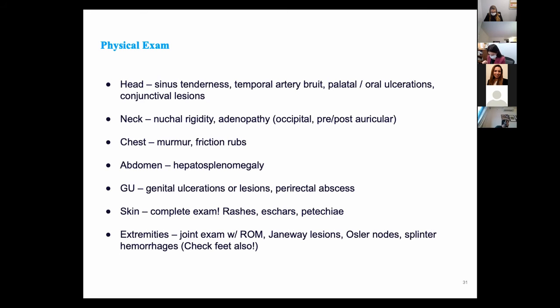Splinter hemorrhages, and always check the feet for all of these too. Splinters are actually pretty common for a variety of reasons, not just endocarditis or bacteremia. But if you are examining the patient repeatedly through the course of their hospitalization and they develop splinters, that's more of a clue that they are bacteremic, rather than if they just come in with splinters, which could be from trauma or anything.